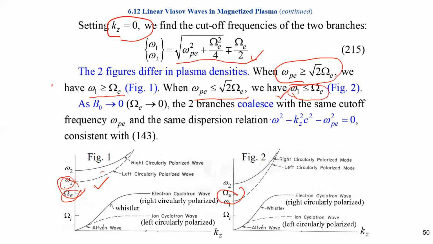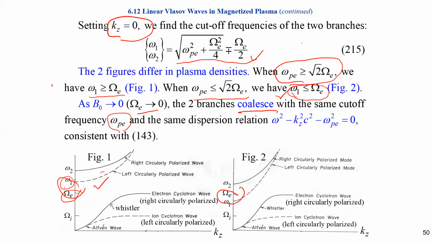Okay, of course, when B0 equals 0, there's no cyclotron frequency. The two branches coalesce with the same cutoff frequency, omega PE. That means without a magnetic field, these two will be the same. That's the EM wave, the simplest case. We don't have to worry too much. That's the plasma frequency, with the same cutoff frequency and the same dispersion relations.